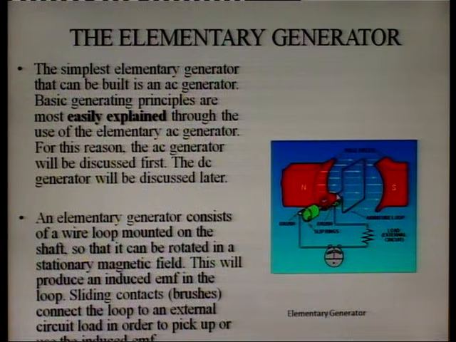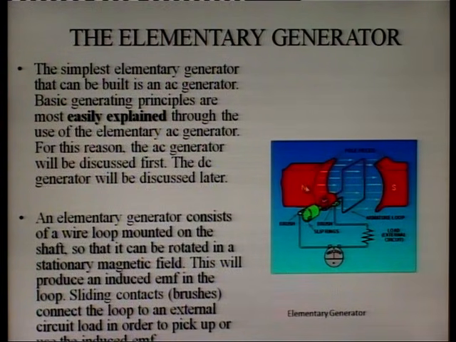An elementary generator consists of a wire loop mounted on a shaft so that it can be rotated in a stationary magnetic field. This will produce an induced EMF in the loop. Sliding contacts connect the loop to an external circuit load in order to pick up or use the induced EMF. It consists of two magnets, north and south.